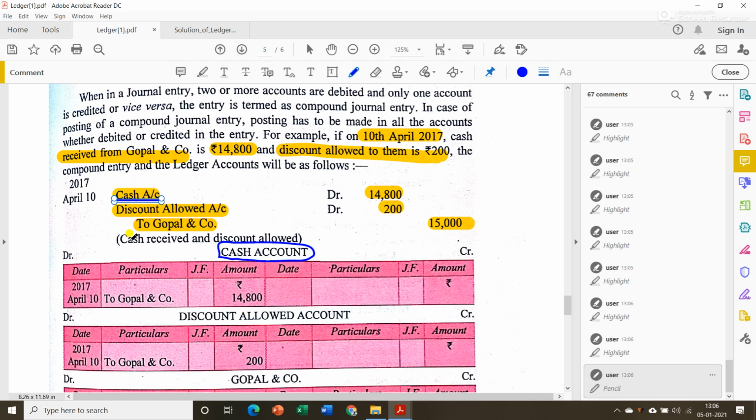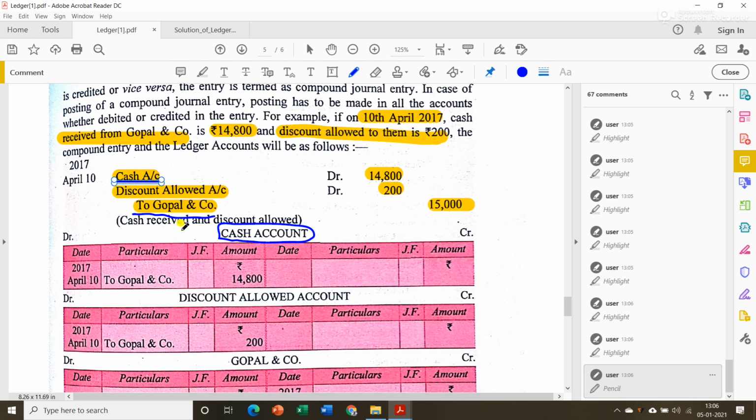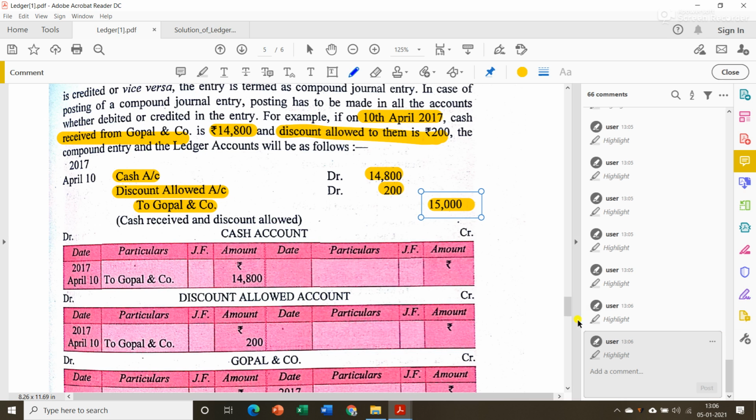You just have to keep in mind this to Gopal and Company. So we will hide this discount allowed, and we will write to Gopal and Company on the debit side, 14,800.